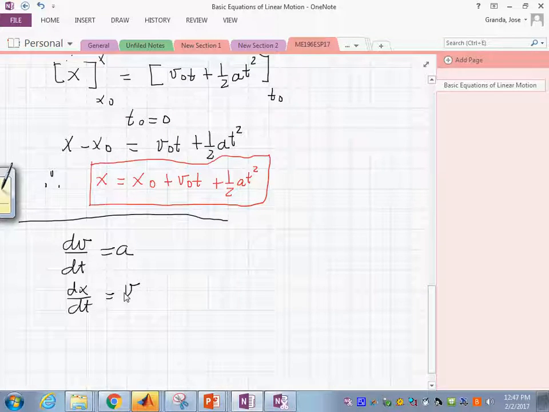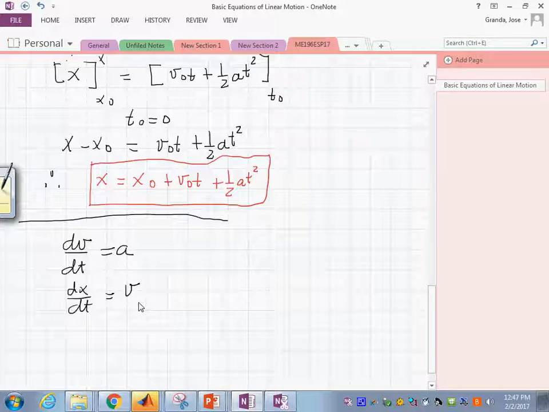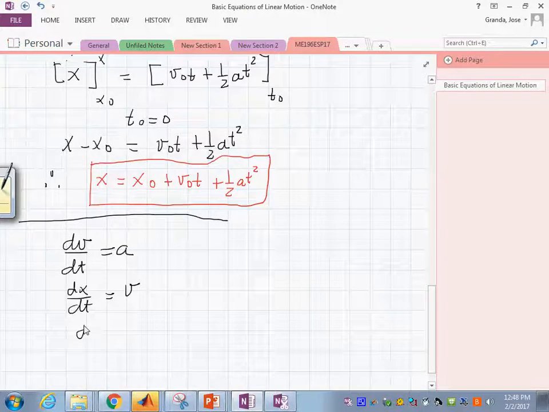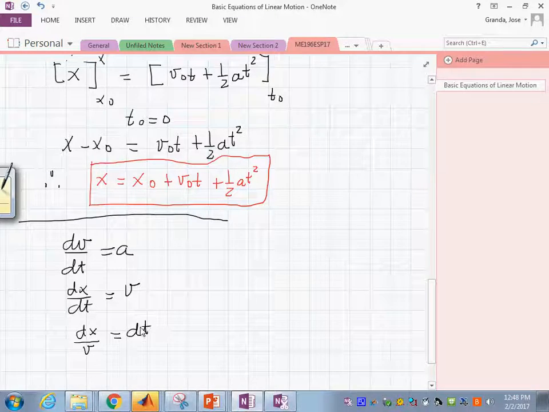Yeah? So, isn't it true that we can write down that dx over velocity is equal to dt, right? Like this.